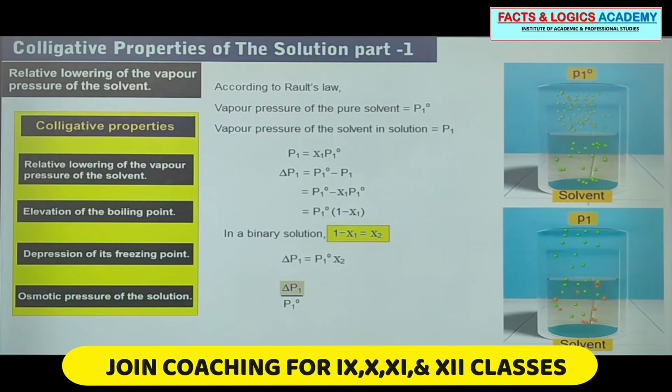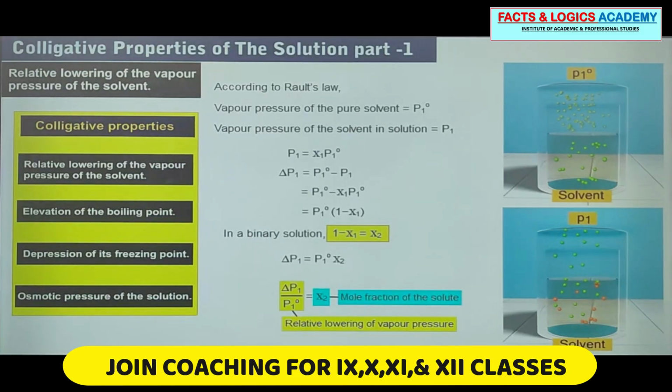The lowering of vapor pressure relative to the vapor pressure of pure solvent is called relative lowering of vapor pressure. Therefore, relative lowering in vapor pressure delta P1 divided by P1 naught is equal to x2, the mole fraction of the solute.